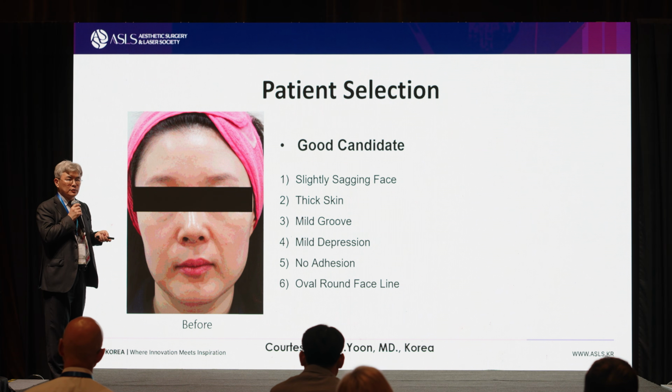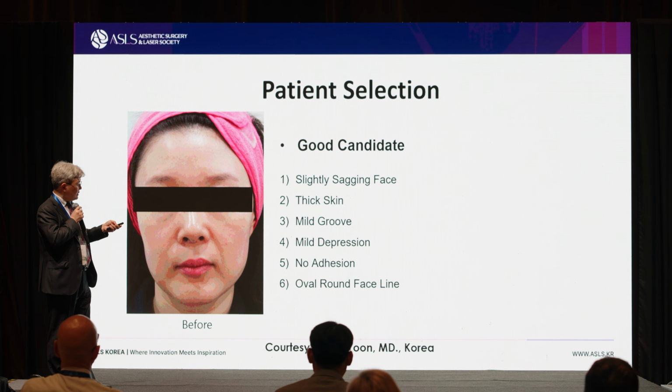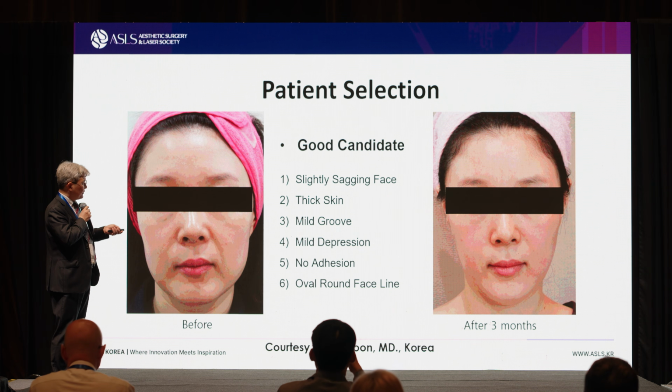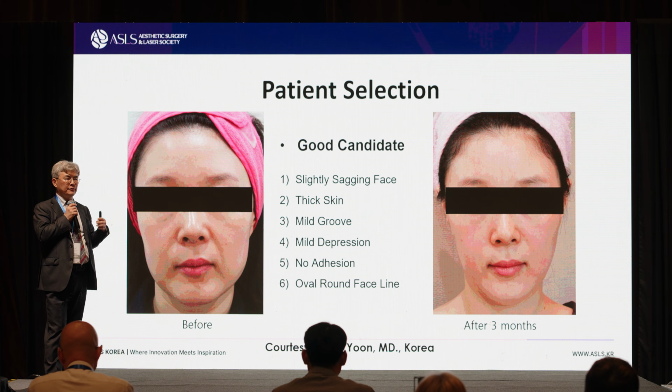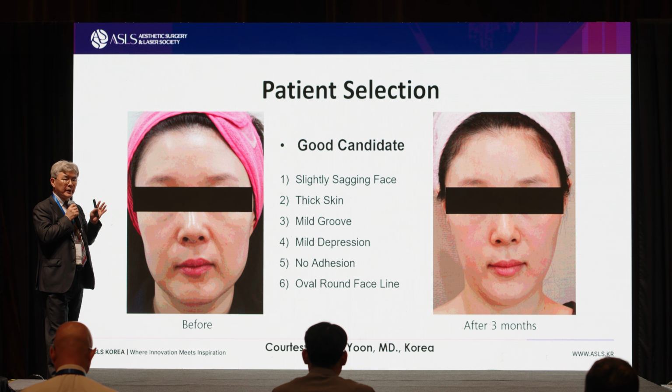In this case, I inject a PDO thread on her face. Her face is changed like this. So if you want to make a good result for the patient, you always select a good patient.